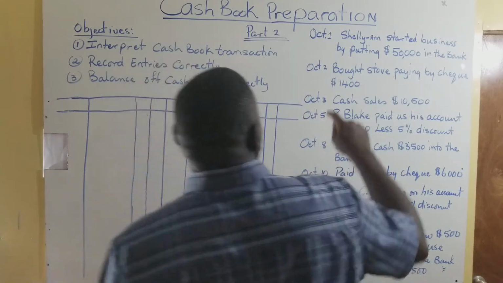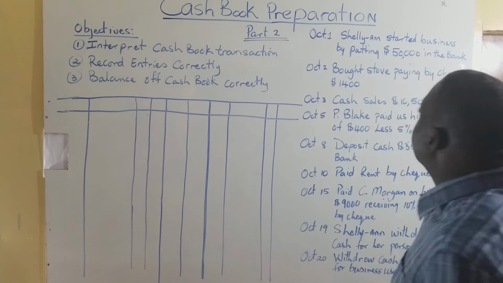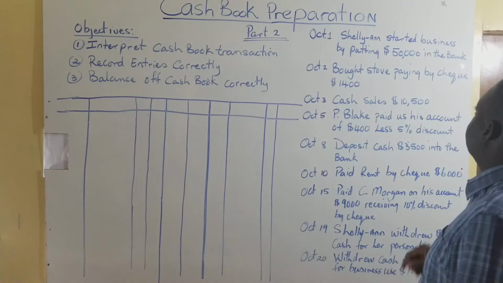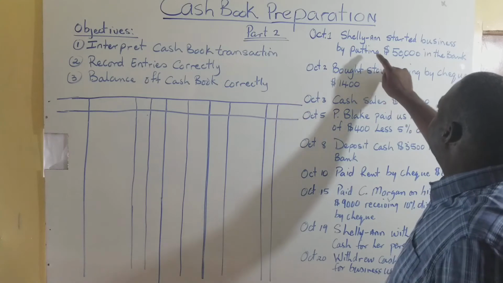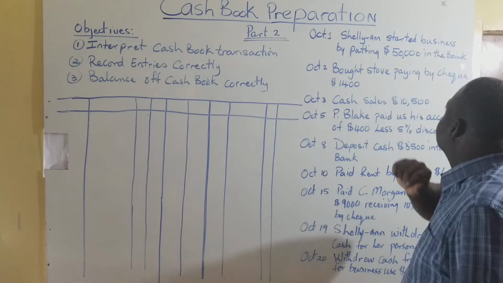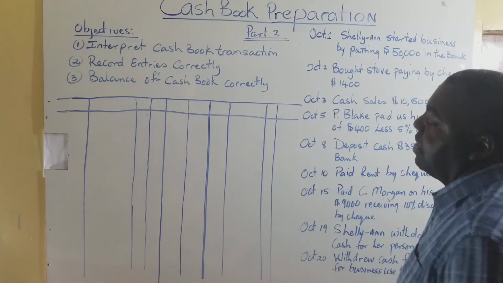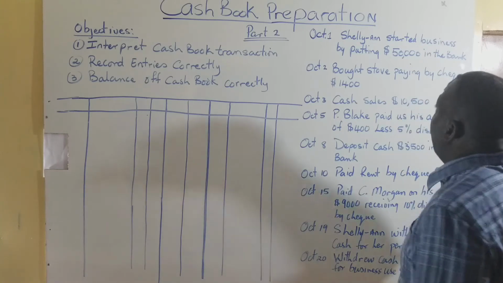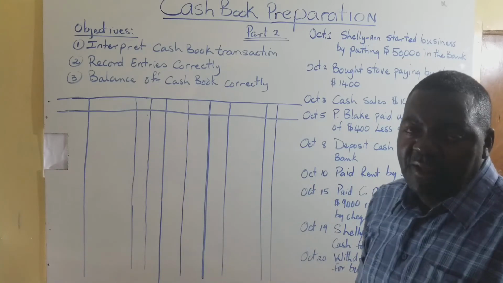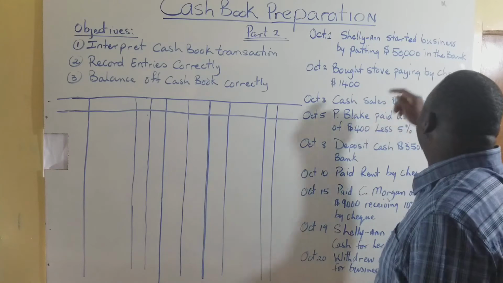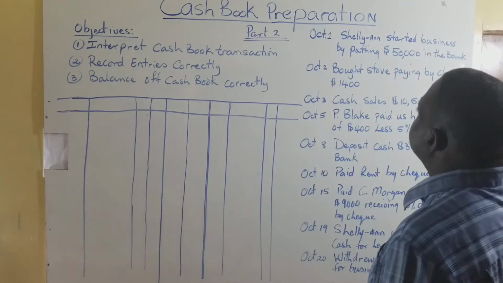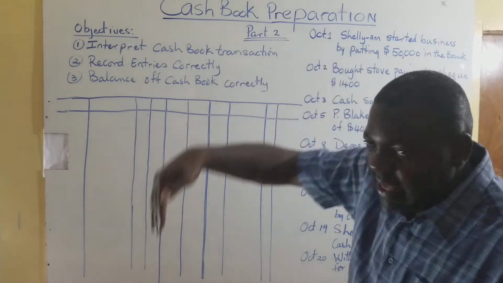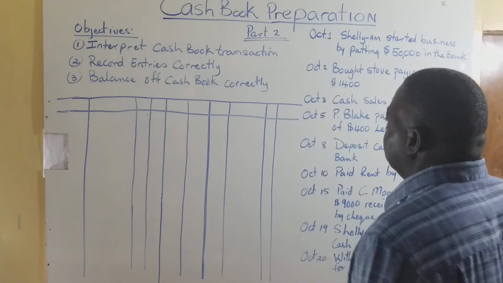So let's proceed. Shellyan would be the owner, it seems, who started business by putting $50,000 in the bank. And the question we'll ask is, are we receiving any money in this instance? The answer is yes, because money is being placed in the bank. Money is being placed where?